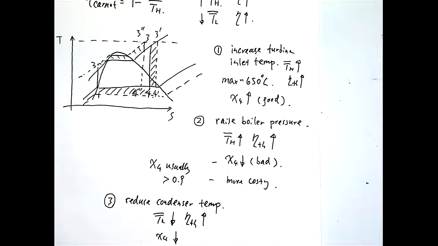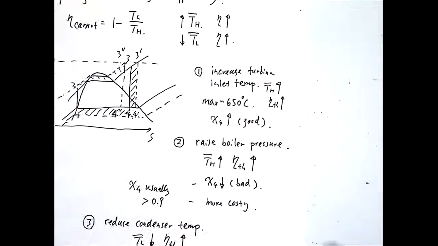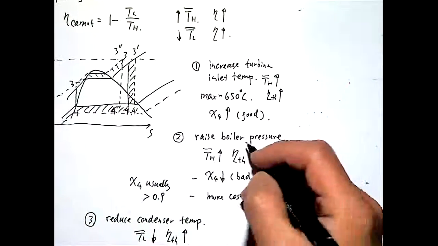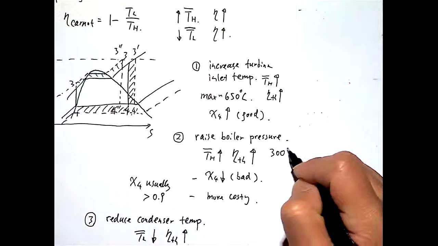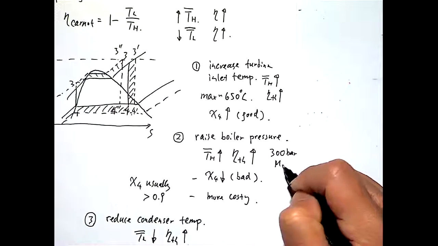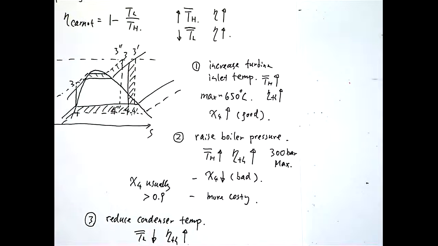Lowering the condenser temperature or pressure is limited by practical considerations. So the main thing is raising the boiler pressure. I should say the boiler pressure nowadays is almost 300 bar maximum. 300 bar is very high pressure.